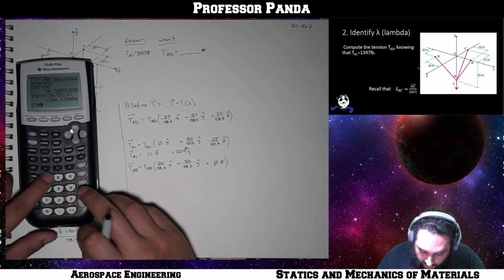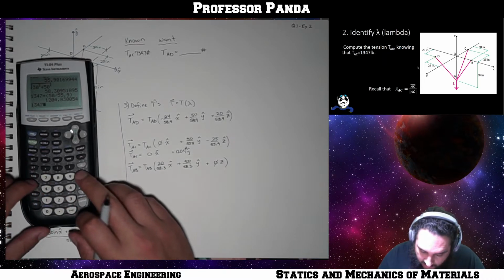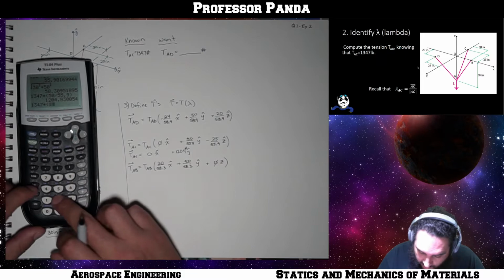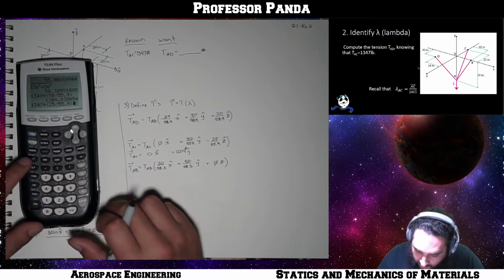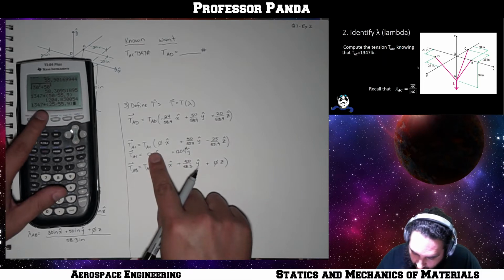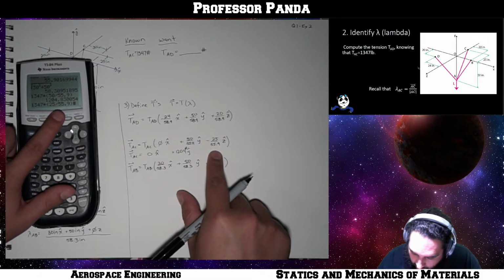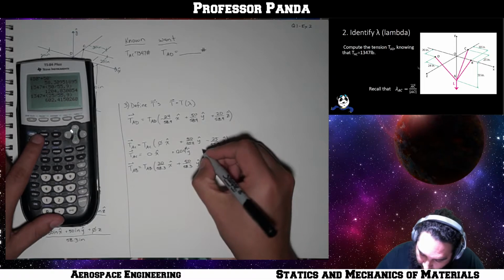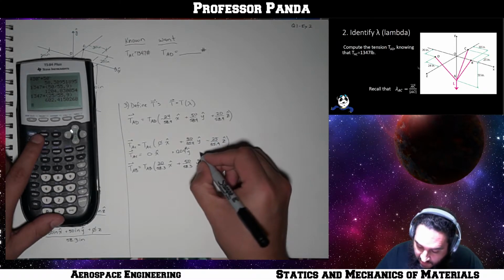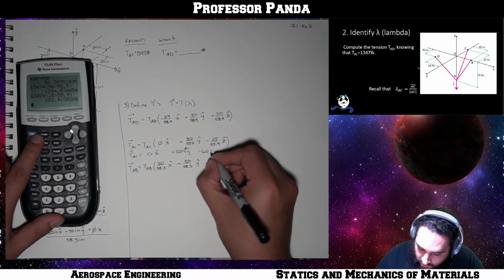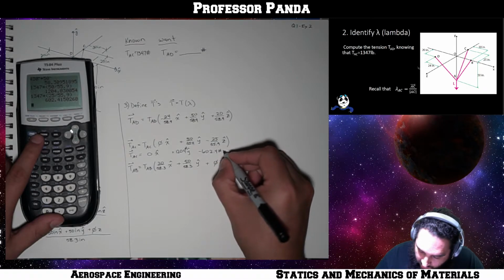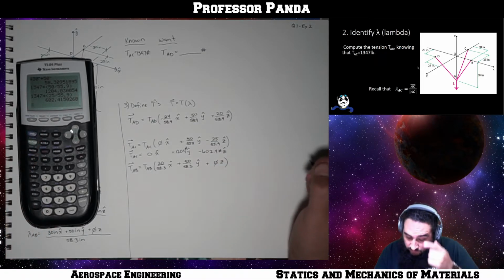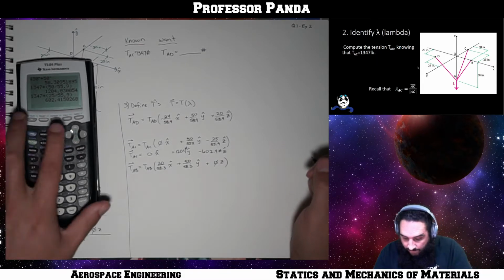Okay, and then 1347 times 25 divided by 55.9. Minus gets retained. 602.4 pounds z hat. Okay.